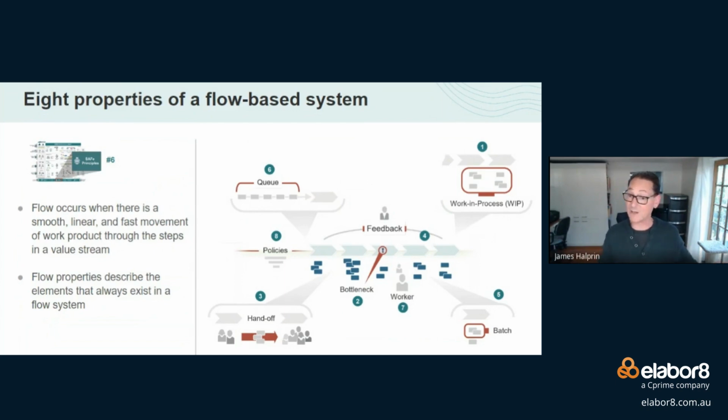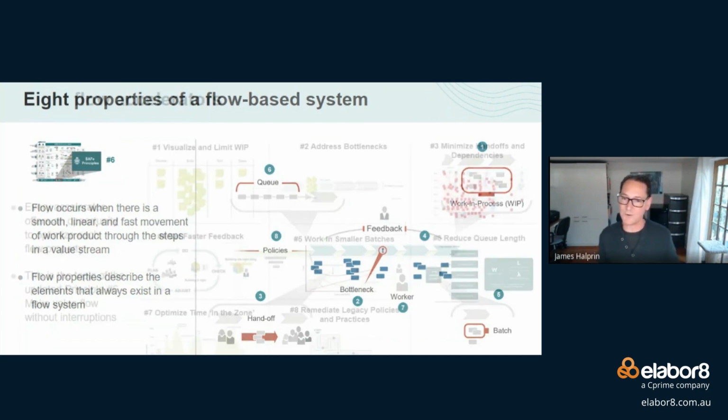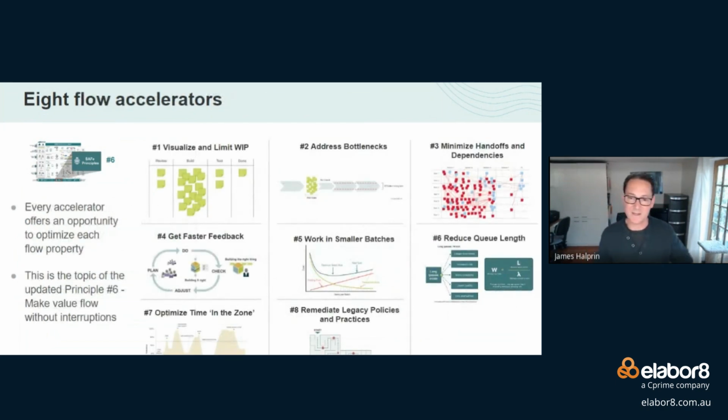Third, handoffs. There are handoffs between either different people or different teams. Handoffs can slow things down and create information gaps. Fourth, there are feedback loops that go on, and so on. So these 8 properties are key to flow-based systems. And once we understand what those properties are, then we can start to identify some accelerators, some things that can help us deal with these properties.